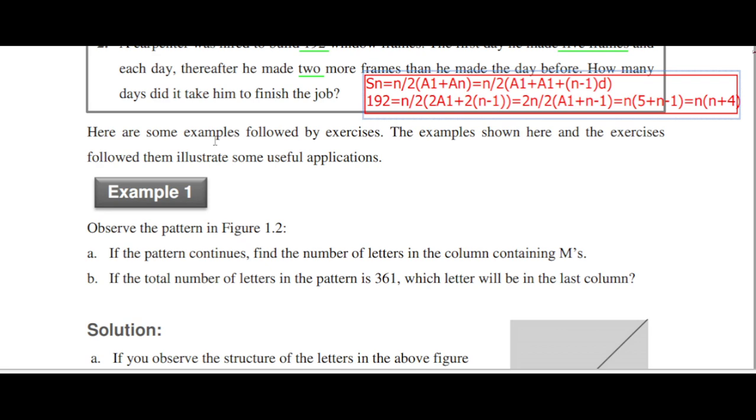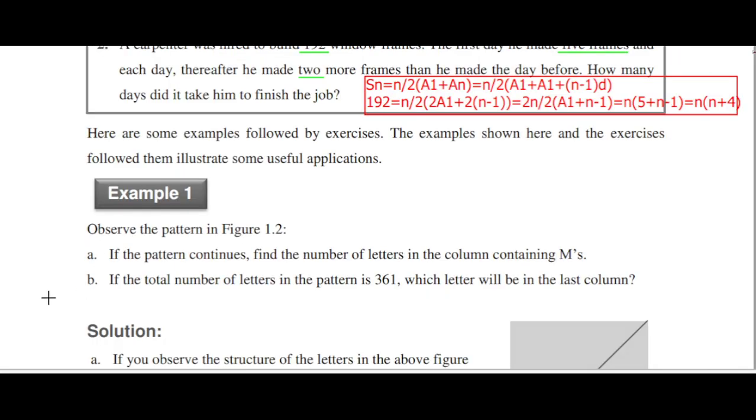Okay, let's list out the English alphabet letters. A, B, C, D, E, H, I, J, K, L, M. A, B, C, D, E, F, G, H, I, J, K, L, M, and so on.